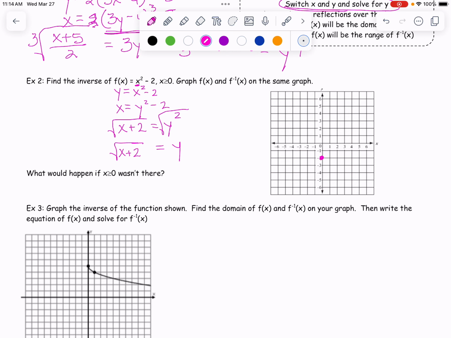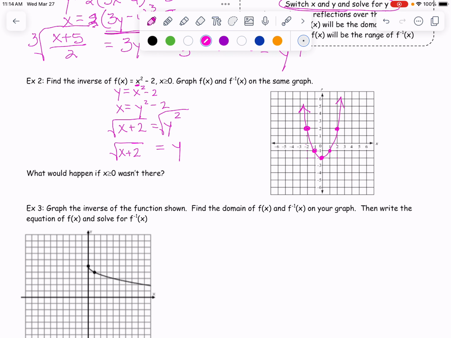So if I go right 1, I go up 1. If I go left 1, I go up 1. Over 2, I would go up 4. I'm going off my parent function table. So this is the graph of x squared minus 2 without any restrictions.